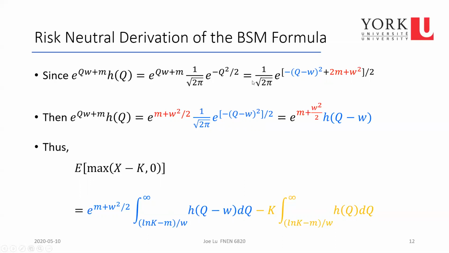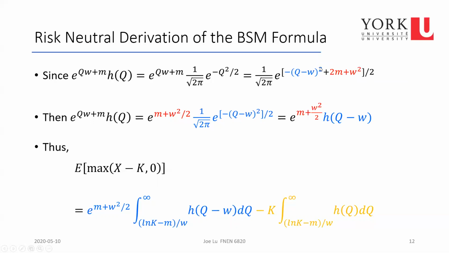Once you have that, there's a q here and a q here, so you can bring them together, and then you will have this particular expression. Now, this part here, 2m plus w squared, is not related to q, so you can take it out. So you have this constant factor here, multiplied by something that's blue.